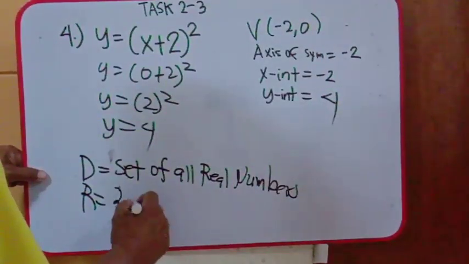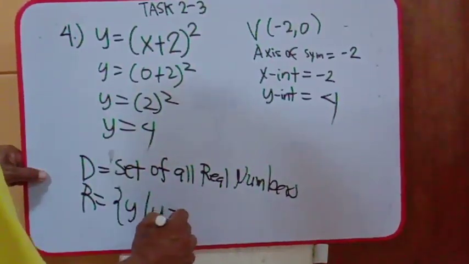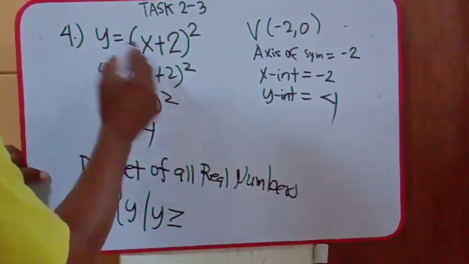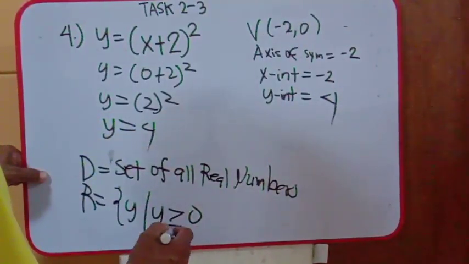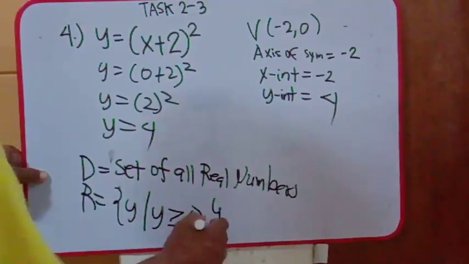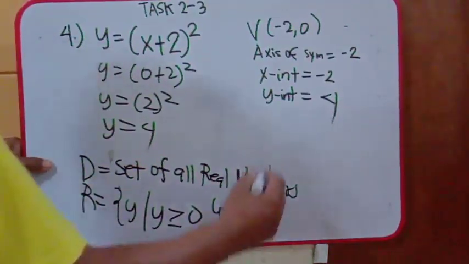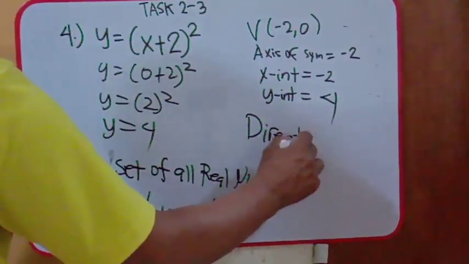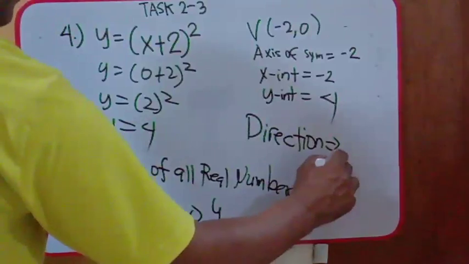So, that is y such that y is greater than or equal. Kasi, greater than or equal, a is positive, k is 0. So, y is greater than or equal to 0. That is our range. So, ang last na ano natin, what is the direction of the graph? Direction of the graph, A is positive, so it means upward.